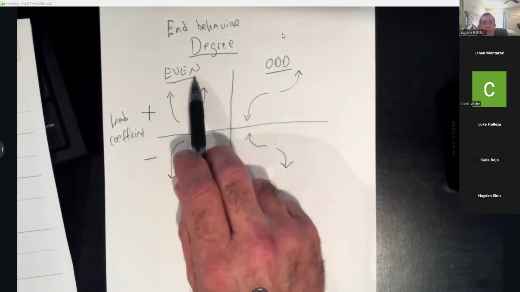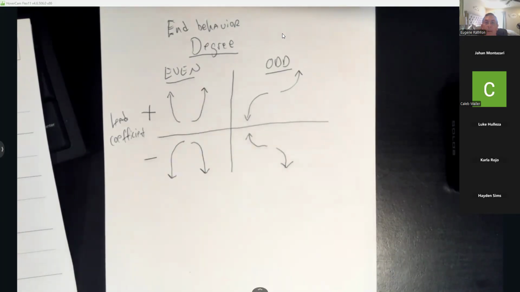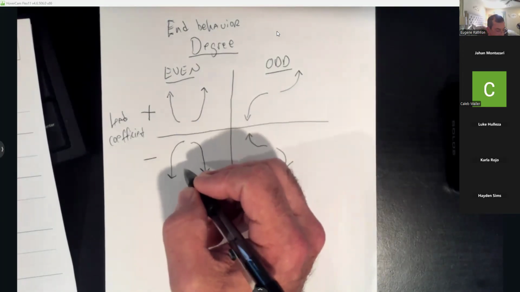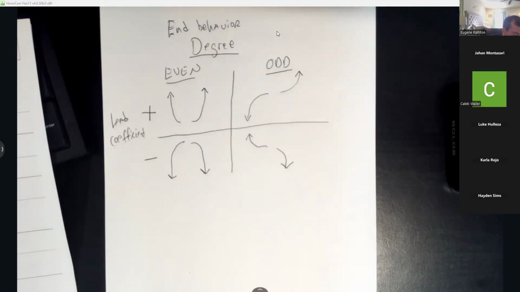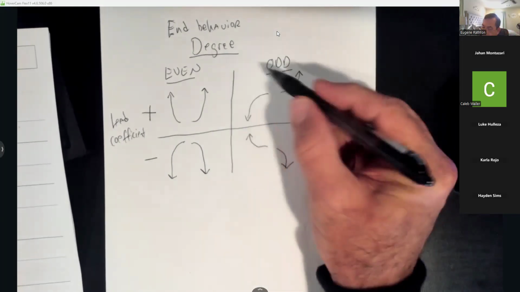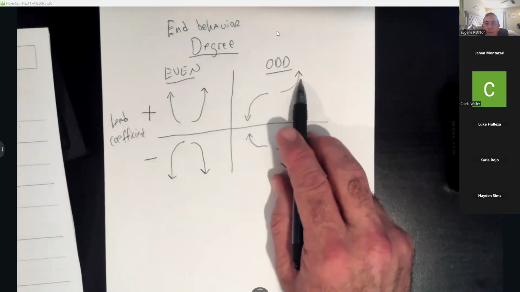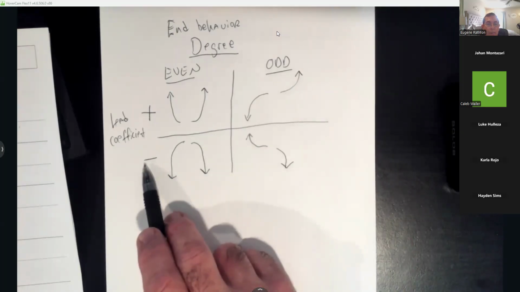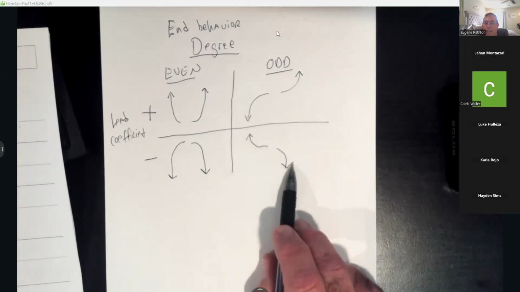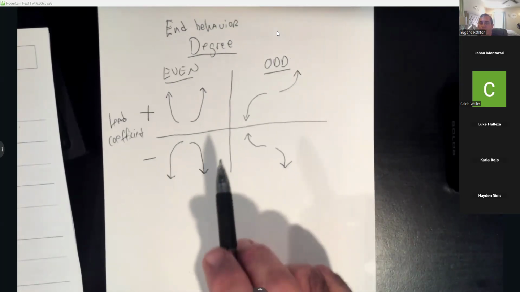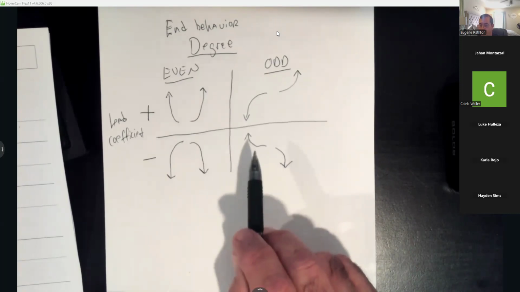Even and positive, both sides go up. Even and negative, both sides go down. If your degree is odd, odd with a positive lead coefficient goes uphill, and an odd degree with a negative lead coefficient goes downhill. So y'all definitely want to use this chart on this test, okay?